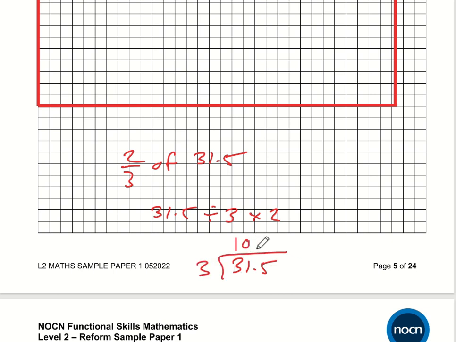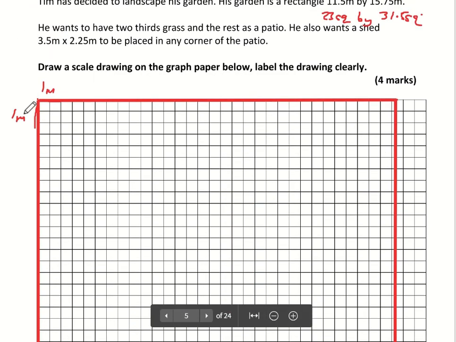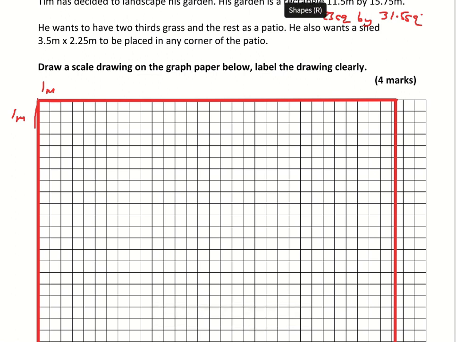So 10, point, carry the 1, 15 divided by 3 is 5. 10.5 times 2, that is 21. So we want 21 squares across. So 2, 4, 6, 8, 10, 12, 14, 16, 18, 20, 21.